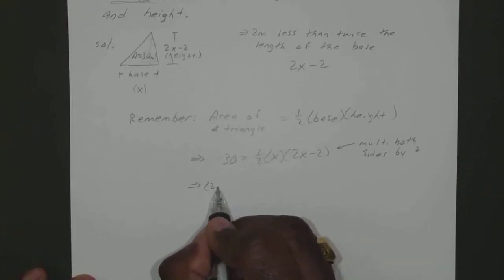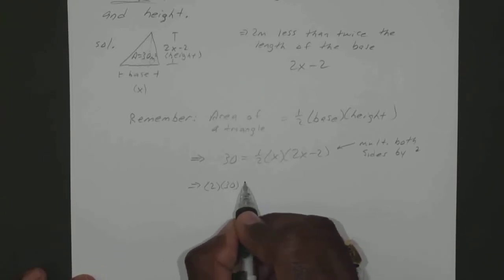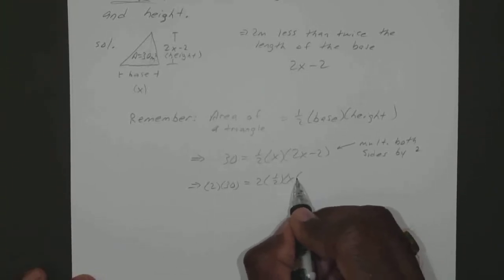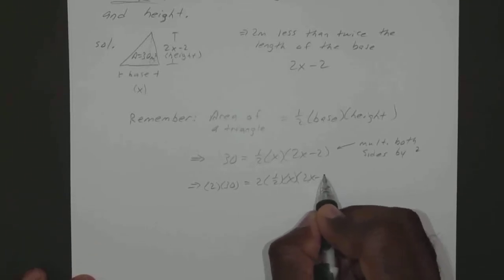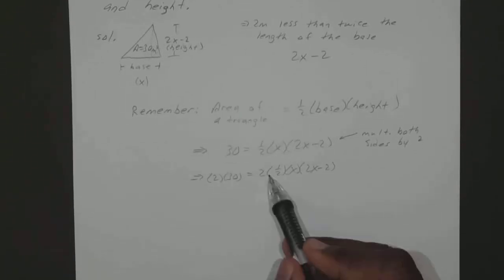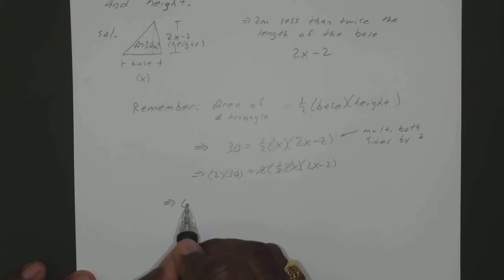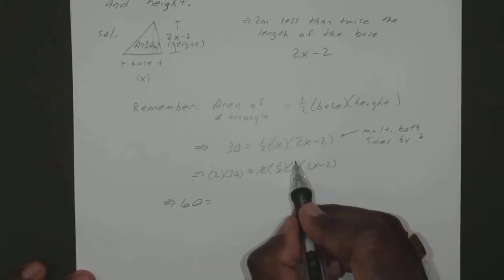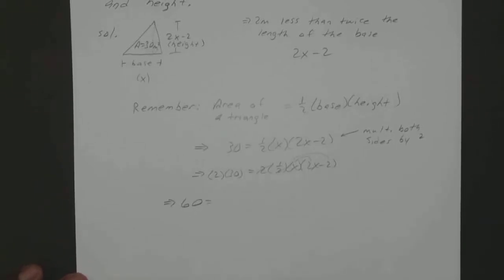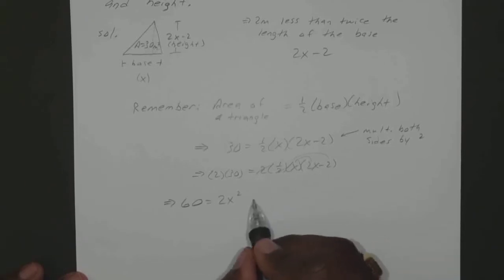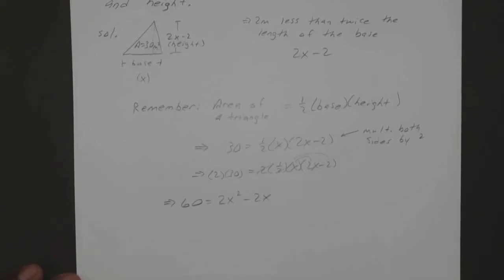So that makes 2 times 30 equals 2 times 1/2 times x times 2x minus 2. So those two would cancel out. And we'd end up with 60 equals, and we can go ahead and distribute that while we're at it. X times 2x is 2x squared minus 2x.